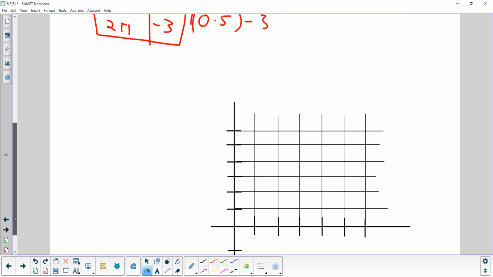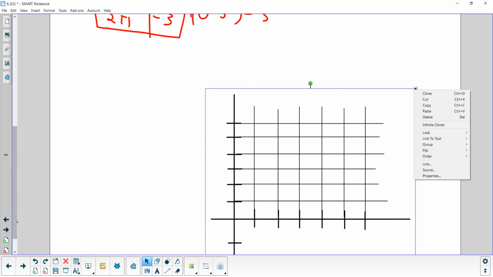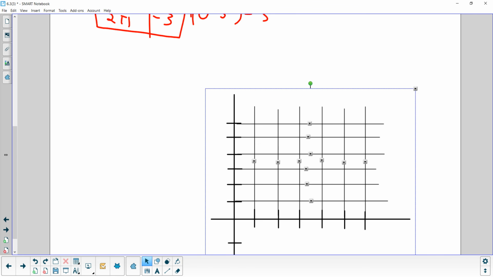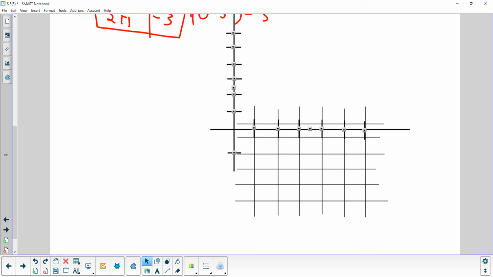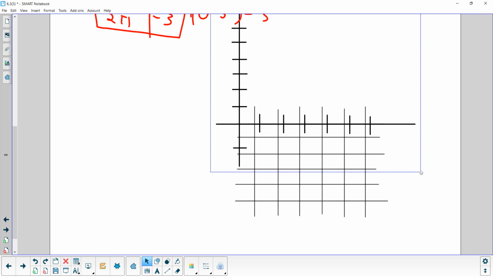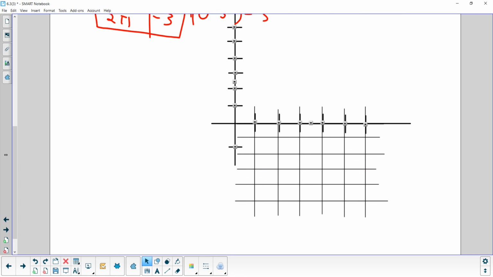So what I'm going to do is, I like the bold line to represent the axis. I'm going to actually just move my axis up here like that.